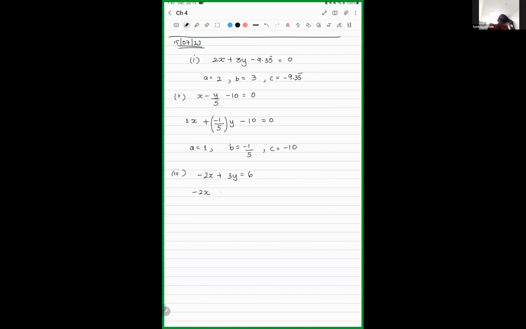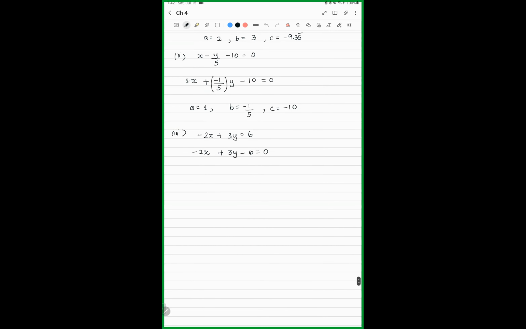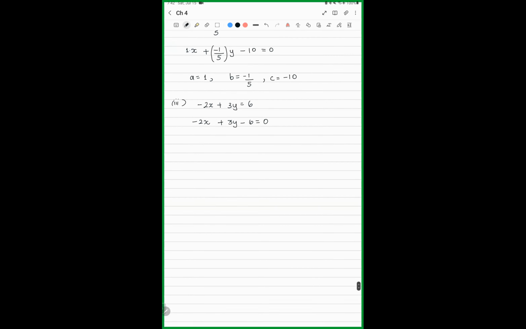Minus 2x plus 3y minus 6 is equal to 0. You have to say is equal to 0 also. If you don't say that, it won't be correct.